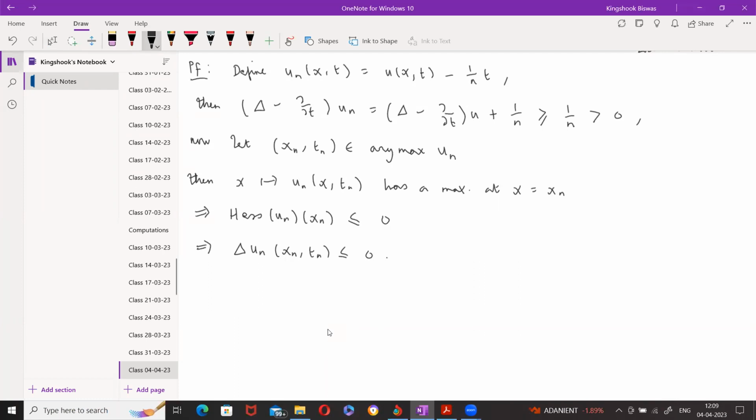Okay. And if t_n belongs to the open interval (0,T), then ∂_t of u_n at (x_n, t_n) has to be 0 because it attains a maximum there, right?